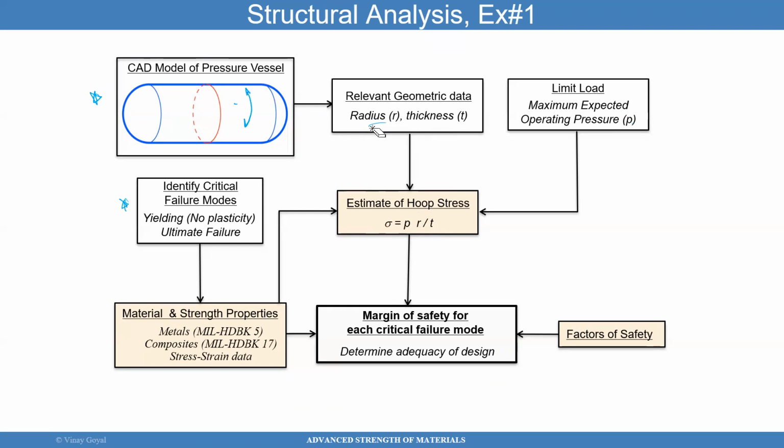Okay, so if I know this pressure vessel, I know there's pressure inside here, P. I can put that into this formula. I know the radius, I know the thickness, I can tell you the stress. I can then go to, say, these handbooks and get the strength.